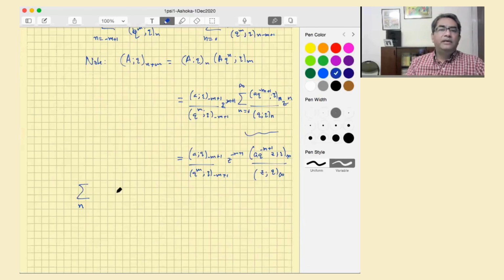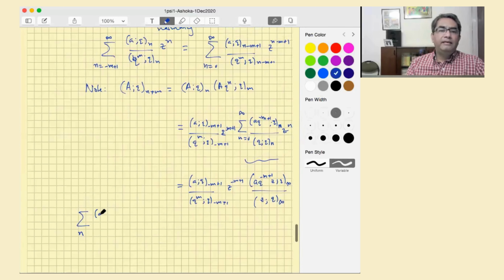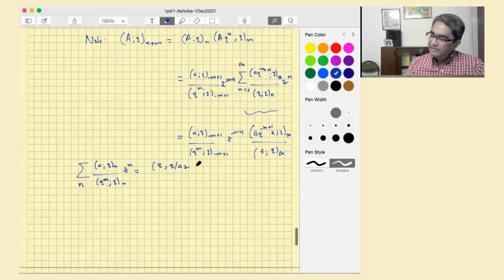It's naturally terminated. I'll just write it over n, (a;q)_n over (q^m;q)_n, z^m. And this whole business I can write as follows: (q/az;q)_m over (a... az;q)_infinity.